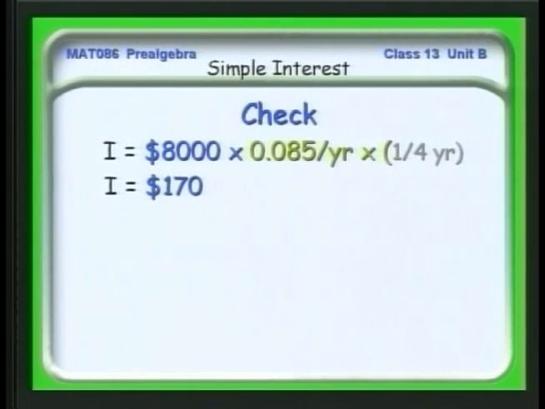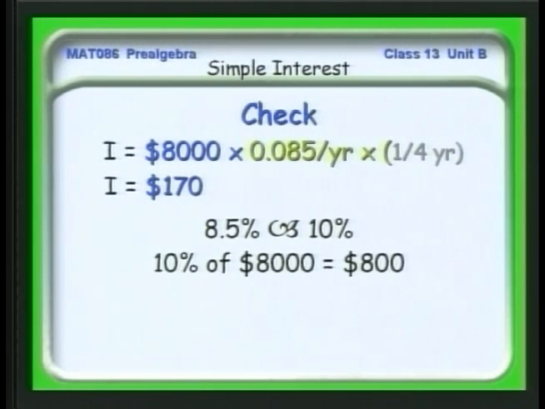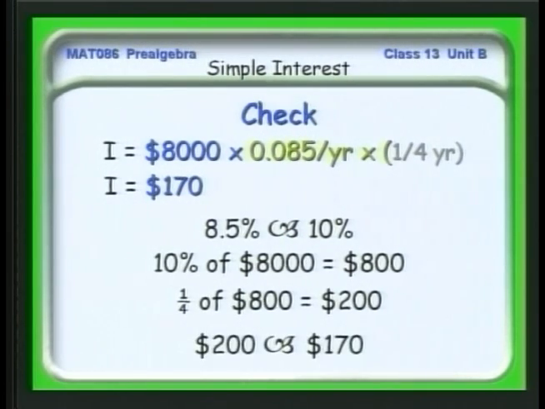To check this, we have that the interest is $170, and we can do a reasonable thing. 8.5% is more or less, and take that funny symbol to be a more or less, 10%. 10% of $8,000 is $800. And then if I figure what is 1/4 of 800, it's about 200. 200 is, kind of in the neighborhood, in the ballpark of 170.